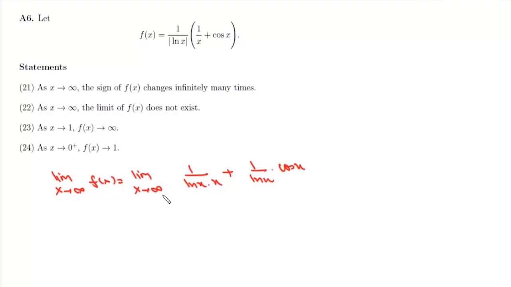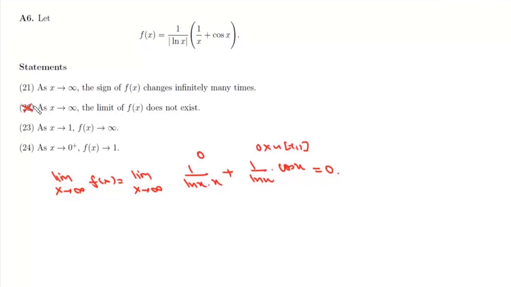Now when x tends to infinity, log x tends to infinity, so it will be 1 upon infinity, which is 0, and here also it will be 1 upon infinity, which is 0, into cos infinity, which is an oscillating value between minus 1 and 1. So the value of this limit is 0. That means this statement 22, limit of f(x) does not exist when x tends to infinity, is incorrect.